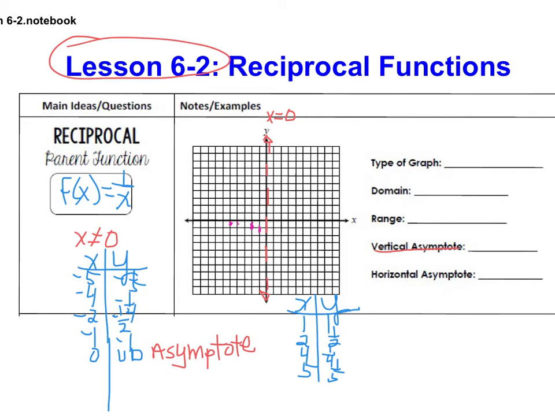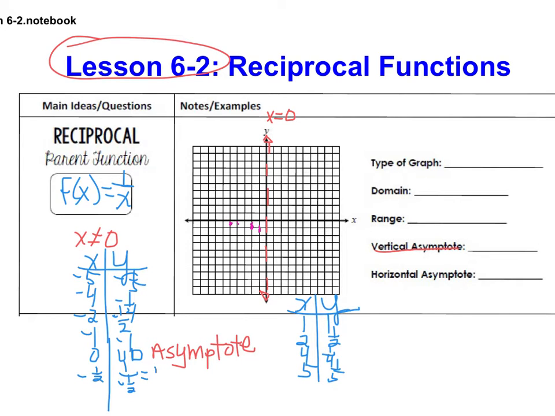Now, what if I chose to put in -1/2? What would -1/2 do? What if I put a fraction in the denominator? So remember, if I have 1 over -1/2, that's the same as saying keep, change, flip.